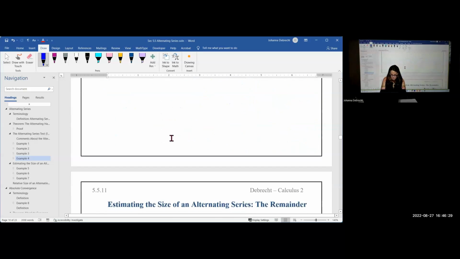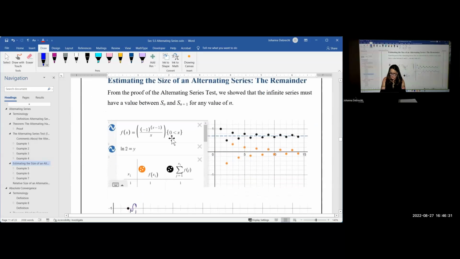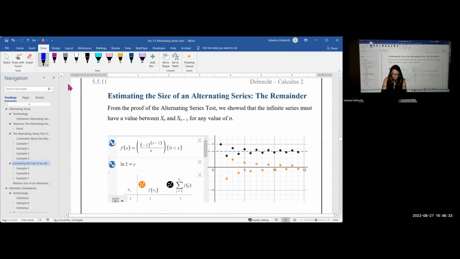Now what we want to talk about is estimating the size of an alternating series. In other words, if we use the first number of terms and add those together, a finite number, then we can get an approximation for the infinite series, but we want to know how far off we are.